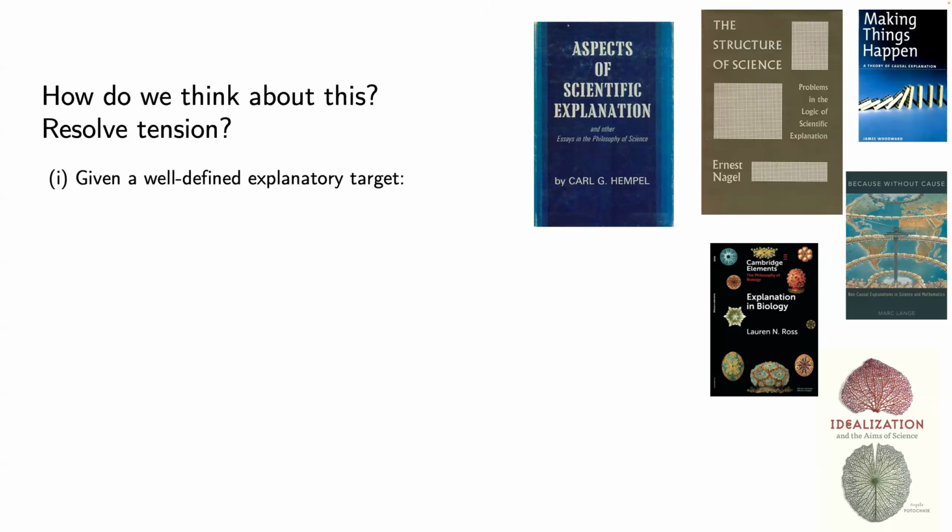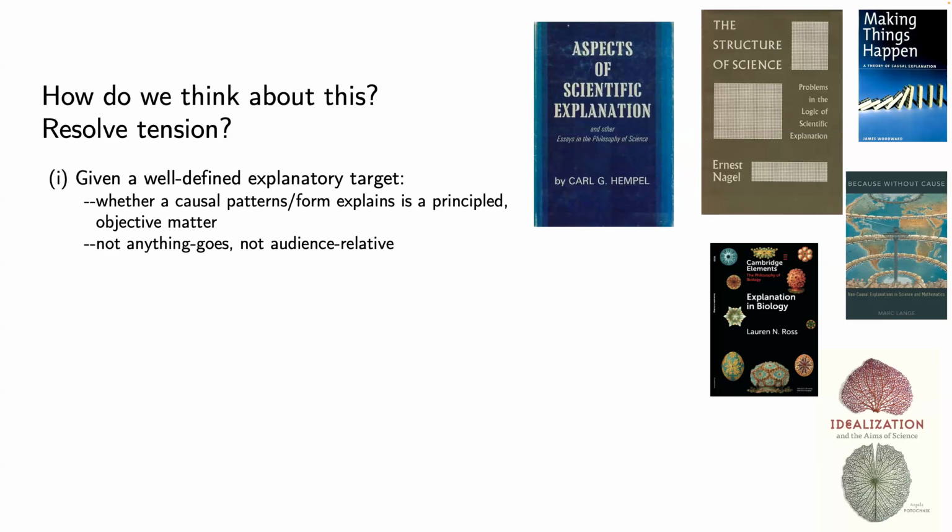What I'll suggest in this talk today is that once you have a well-defined explanatory target in biology, whether a causal pattern or form explains that target is a principled and objective matter. It's not an anything goes type of consideration, and it's not audience relative.